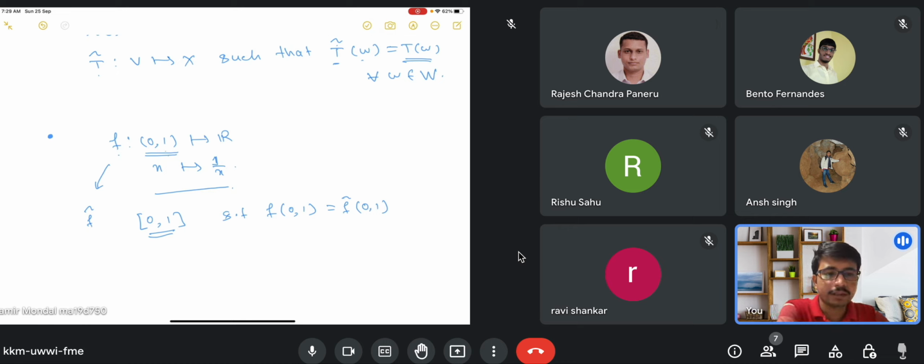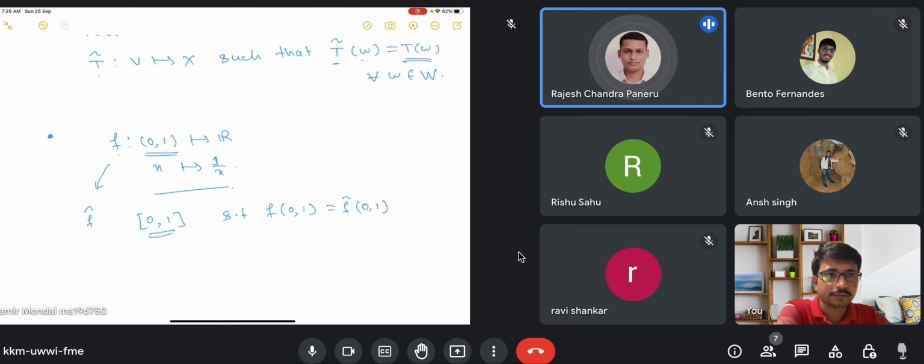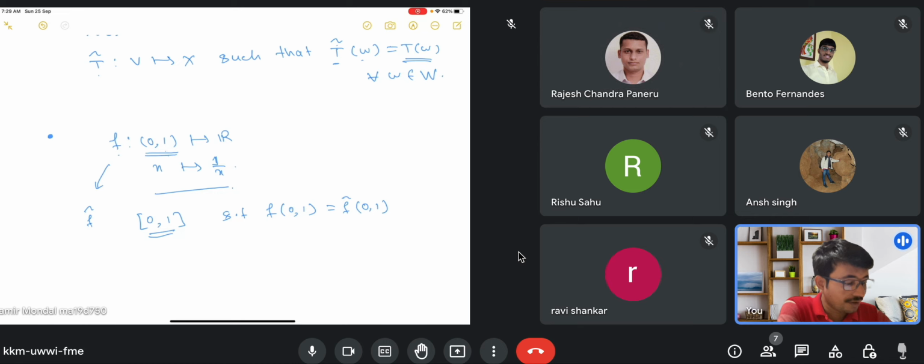My question was that. Sir, if you define the image of 0 separately, then we can extend it. Like f(0) equals 0, and otherwise f(x) equals 1 by x. Yeah, understood what you are trying to say.